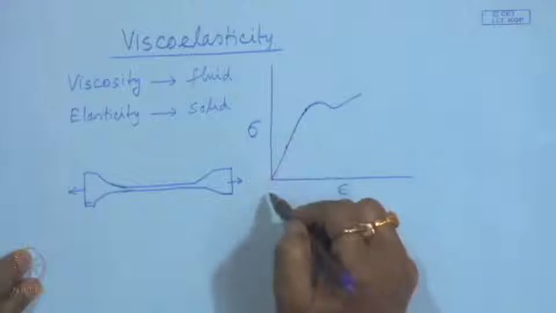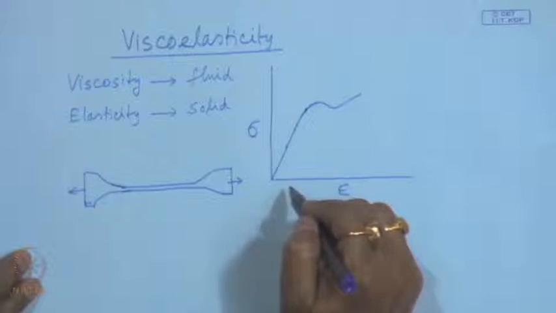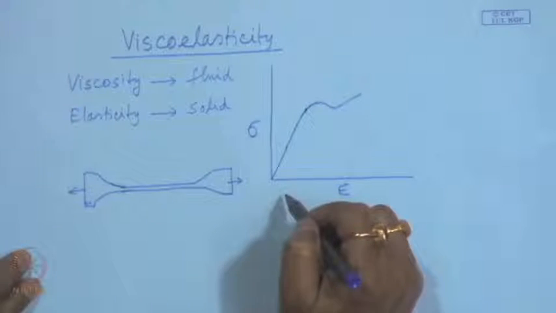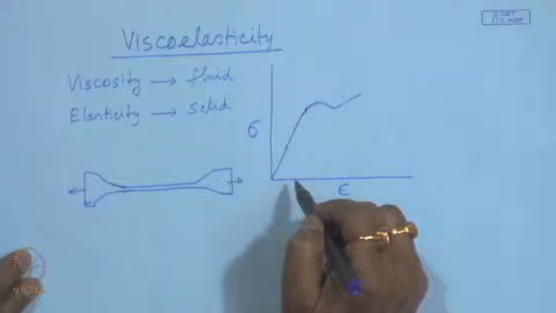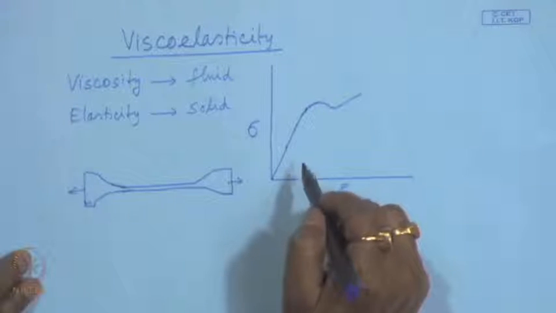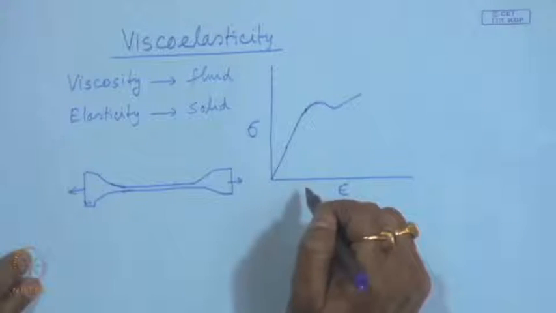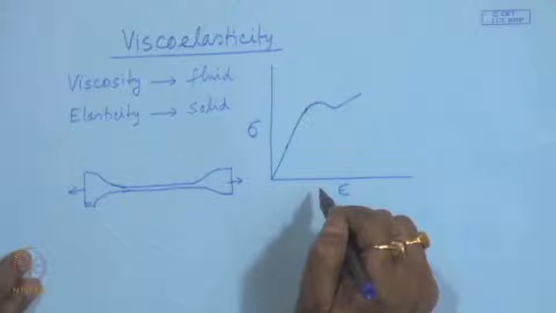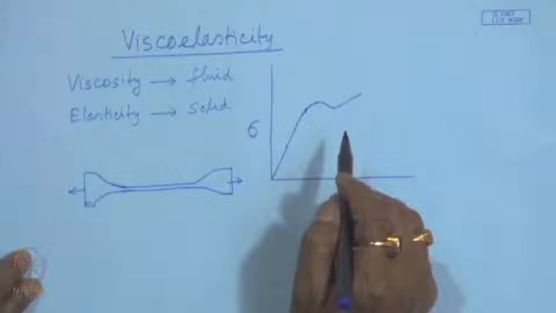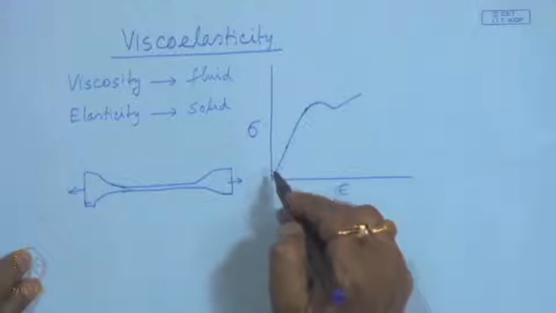So, this is a property of solid. On application of stress, the material deforms. The deformation can be increase in strain for tensile load. There can be compressive deformation if the load is compressive.